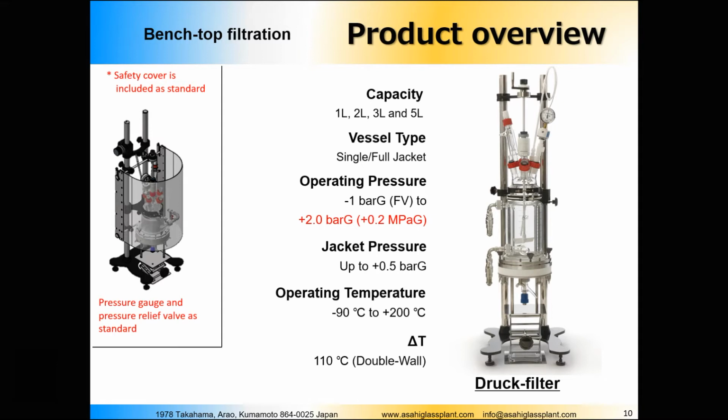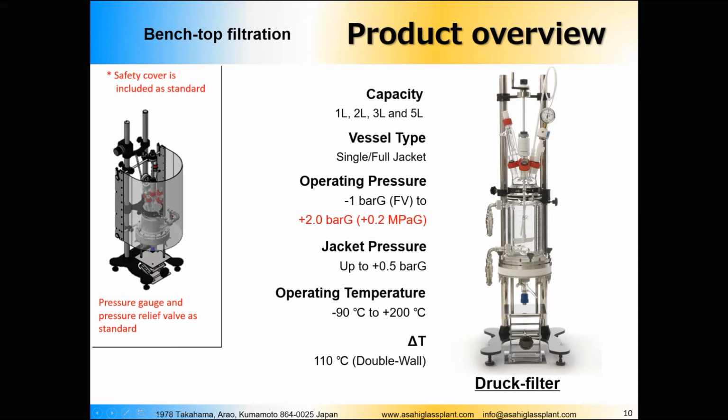But this will definitely be quicker than filtration under vacuum, because you have a 2 bar difference, a higher pressure that presses on your slurry. So this is very important.